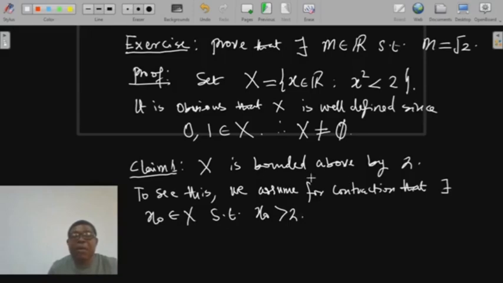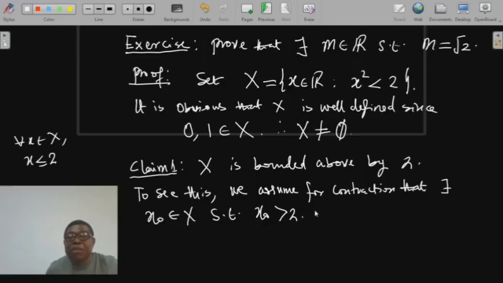Remember that X bounded above by 2 means that for any x we pick in X, x must be less than or equal to 2. So if we assume X is not bounded above by 2, it means there exists a certain x naught in X so that x naught is bigger than 2. That is what I put down here.